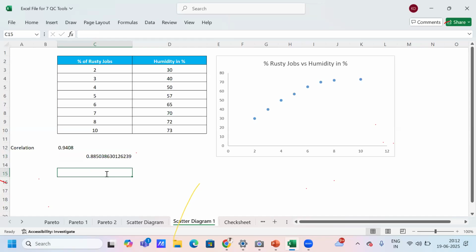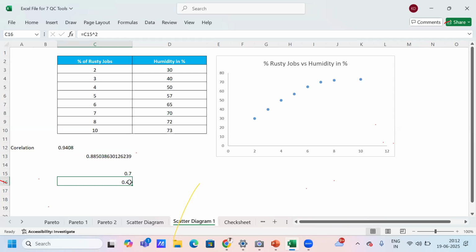Suppose my R correlation value is 0.7. When I make the square of this, 0.7 into 0.7 is 0.49, which means I can say about 50%. Suppose the value is 0.7 instead of 0.94.